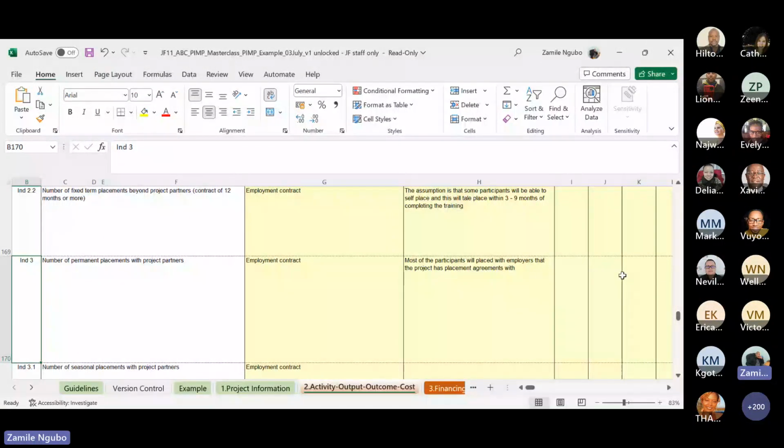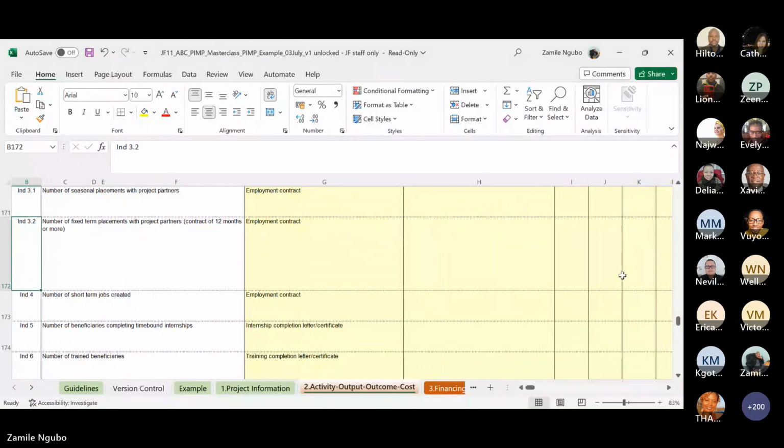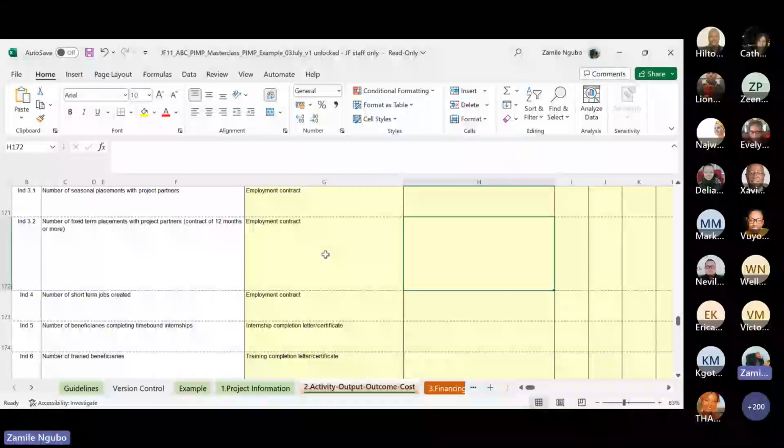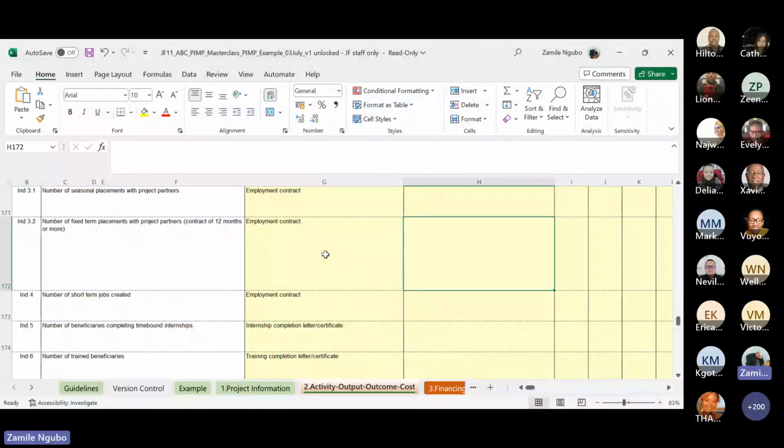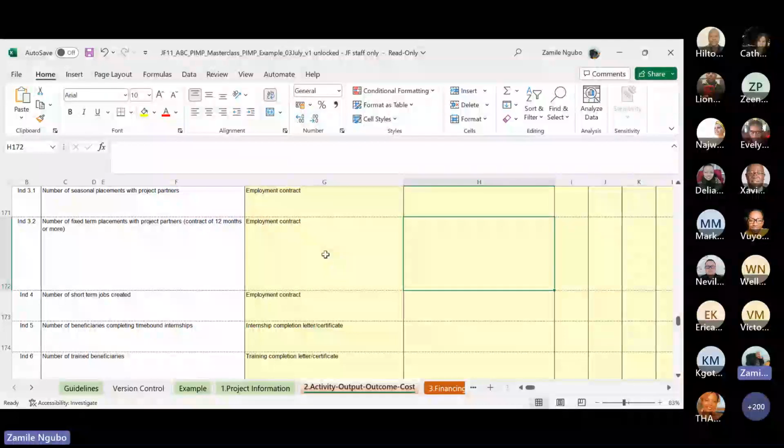So we go down to 3.2. So the assumption there is most participants will be placed with employers that Advantage has the placement agreements with, again. And we are assuming that each placement partner will be able to place at least 16. Employers will be able to absorb these. Yes.